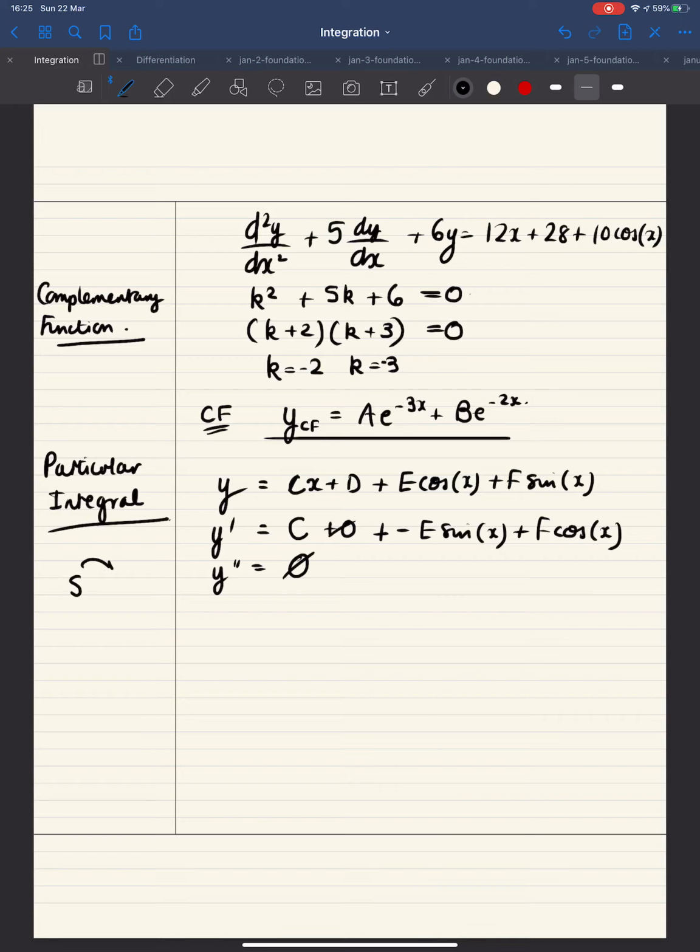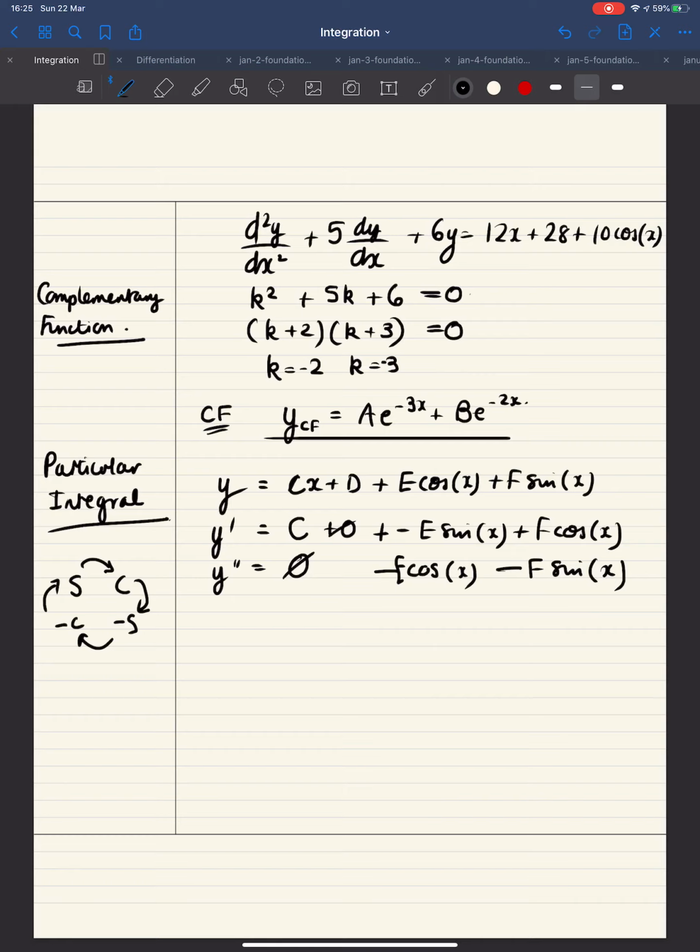Sine to cosine to minus sine to minus cosine, and then back to sine again. So this is minus e cosine x, and cosine goes to minus sine, so it's minus f sine x. So I've just differentiated the row above.